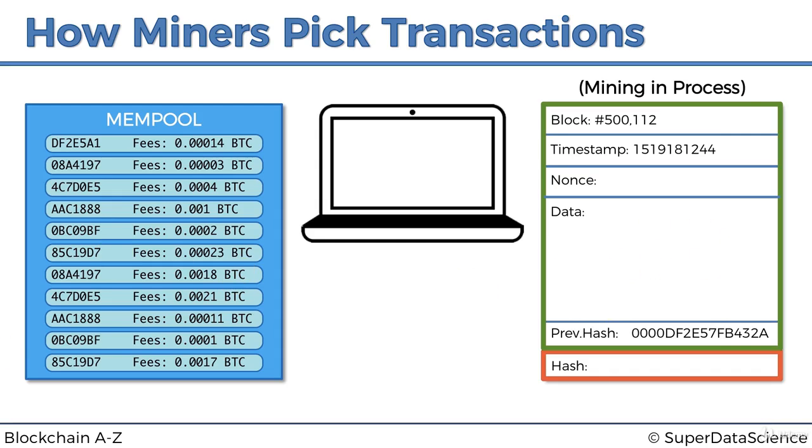Okay, so how is the miner going to pick these transactions? If we look at them, we can see there's a transaction ID, which is much longer in real life, and usually some more information. Here you can see the fees that the miner will get for including each one of these transactions. Fees are another topic we'll cover further down the course.